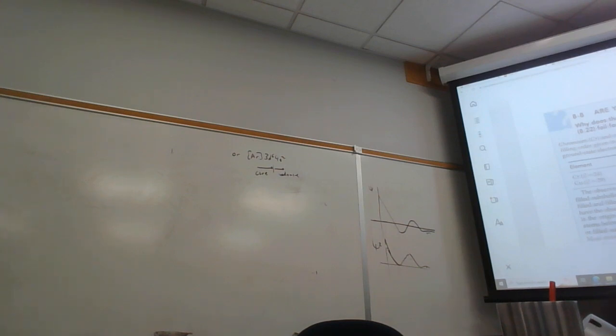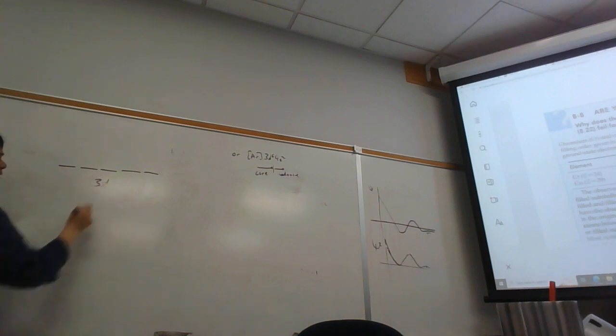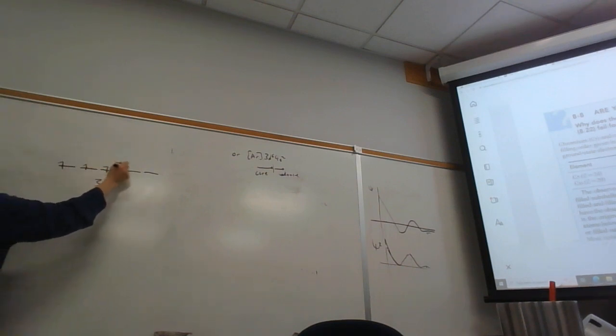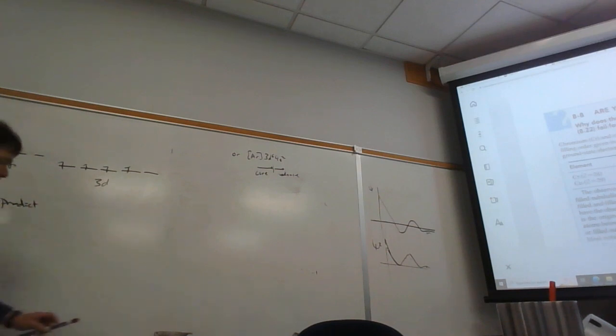And then what comes after the third shell? 4s. 4s2. And then 3d, 3d4. And then the 4p's are empty. This is what we predict. However, what's observed is something else.